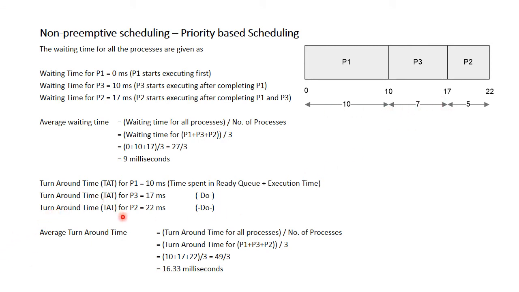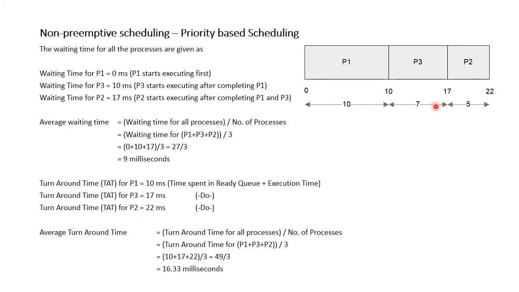Turnaround time for process P2 will be 22 milliseconds. In this case, the time spent in the ready queue will be 10 plus 7, right? Plus the execution time of process P2, which is 5.